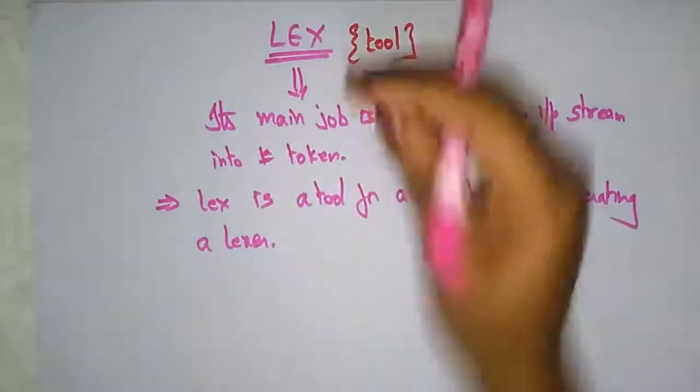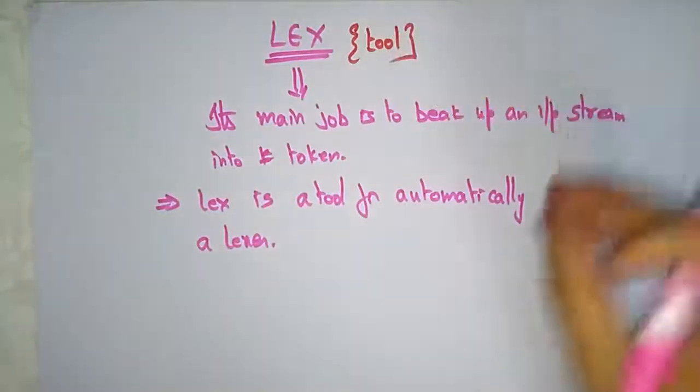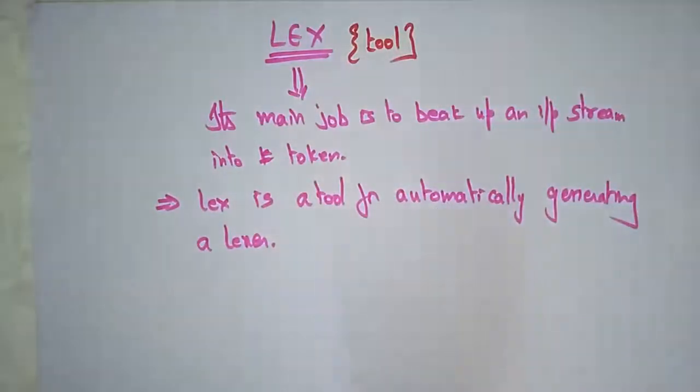So how is it going to be generated? How is Lex going to support the lexical analyzer to convert the source program into a series of tokens by using this Lex tool?